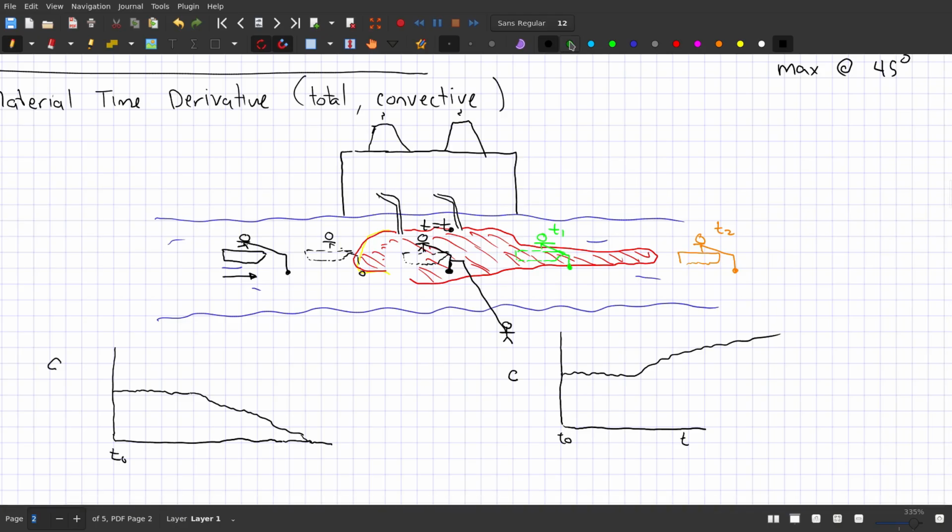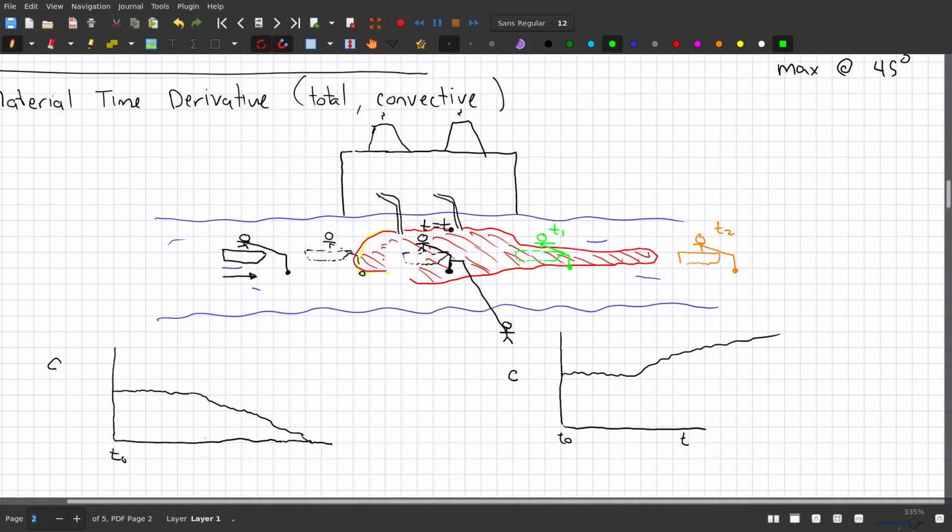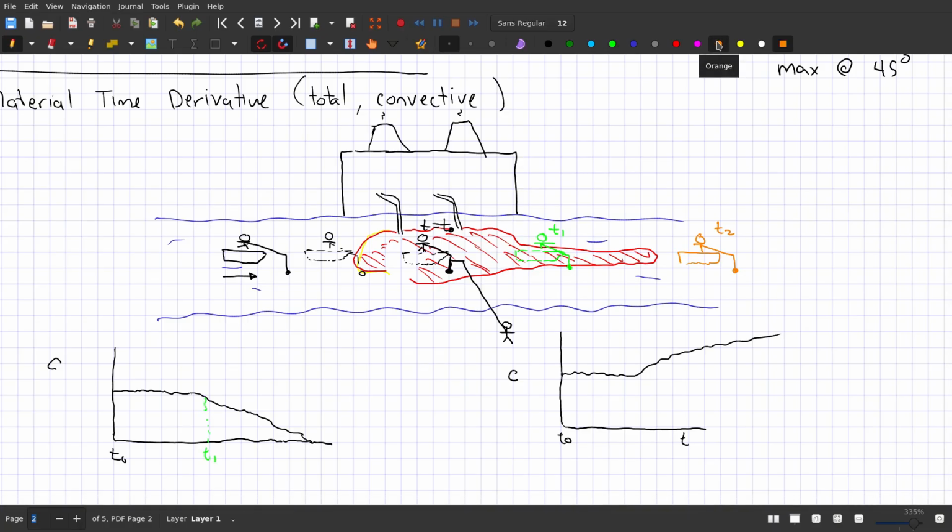And so just to be clear, for example, this might be T1, and by the time T2, I'm over here.